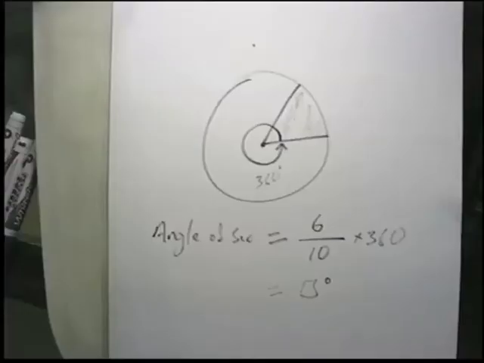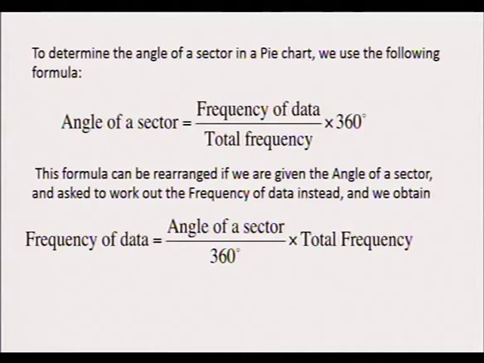In our case, it will be 120 divided by 360 multiplied by 10, and that will give you the number out of these 10 which represents females. How many out of these 10 are females? So that's the formula that you use.